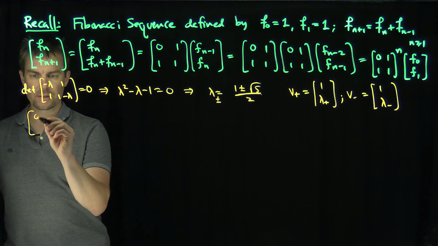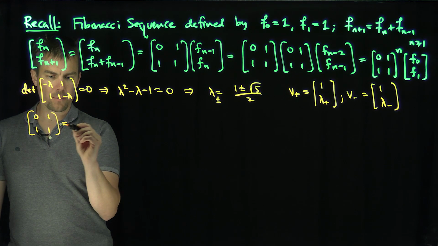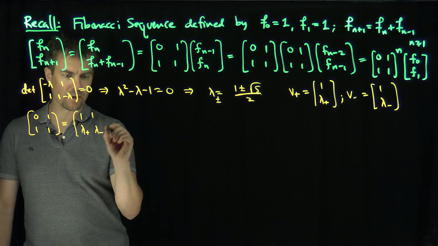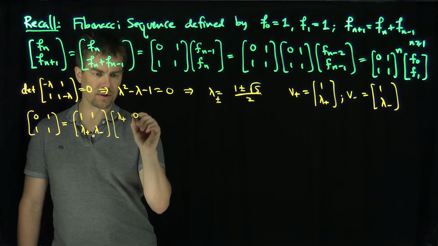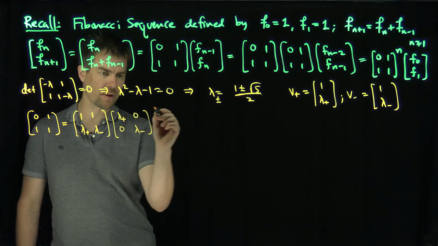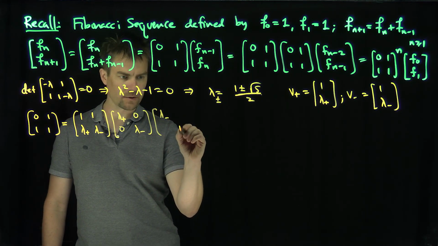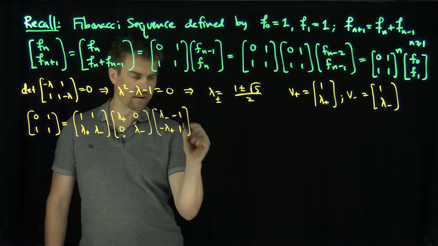So now I can write down the factorization of our matrix. Our matrix 0, 1, 1, 1 is going to be equal to P, which is the matrix 1, lambda plus, 1, lambda minus, times the diagonal matrix lambda plus, 0, 0, lambda minus. Then the inverse of this matrix: I flip the diagonal entries, negate the off diagonals, and divide by the determinant.